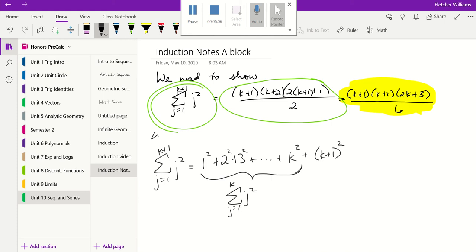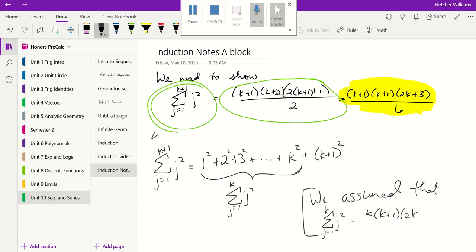We assumed that the sum from j equals 1 to k of j squared is equal to k times k plus 1 times 2k plus 1 over 6. Well, then that means we can substitute that in.